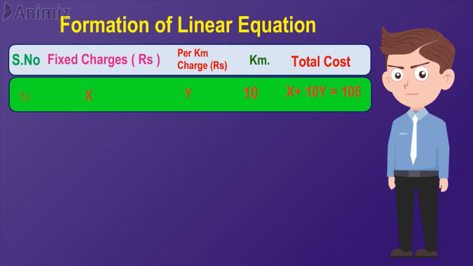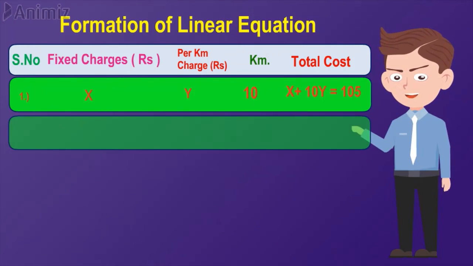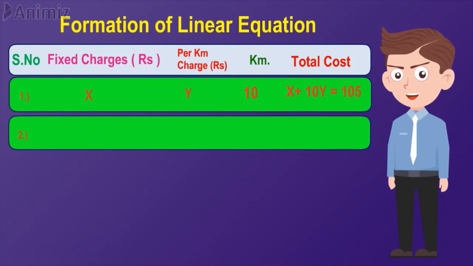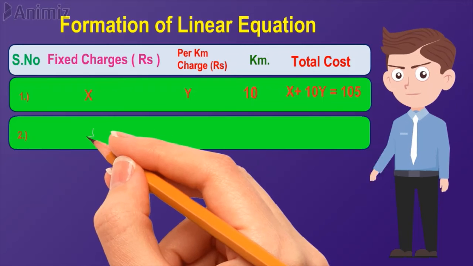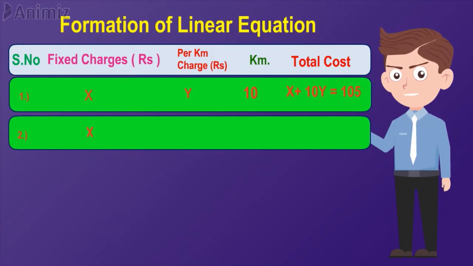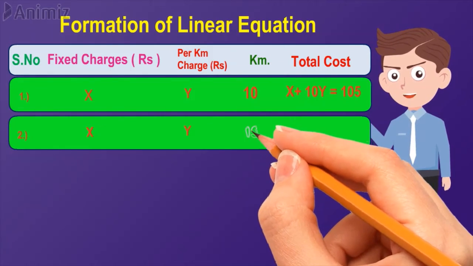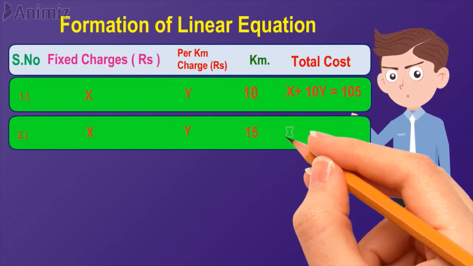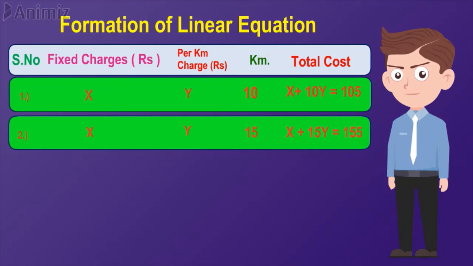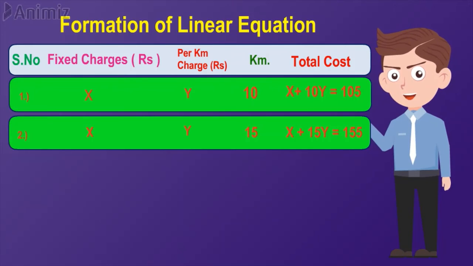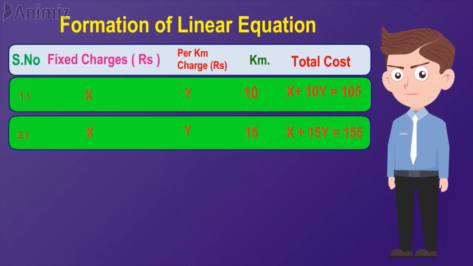This gives us the first equation. Similarly, for the second condition, traveling 15 km, the fixed charge remains x, the per kilometer charge is y, so the equation is x plus 15y equal to 155. Now we have formulated the two linear equations.